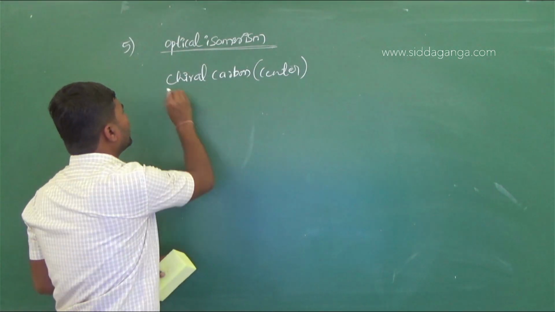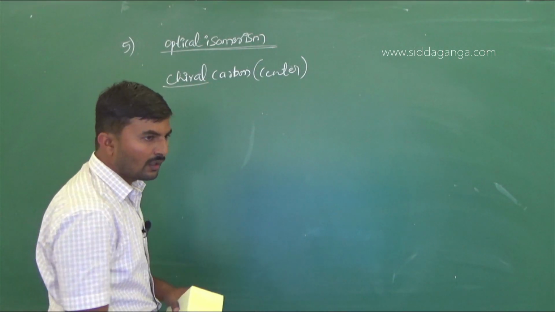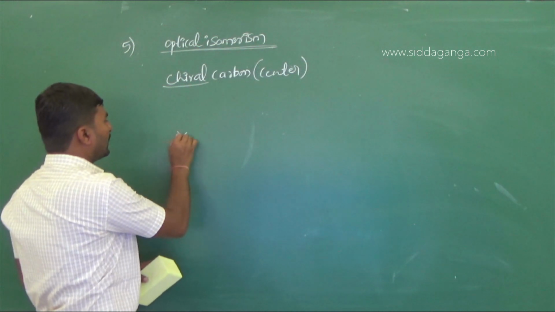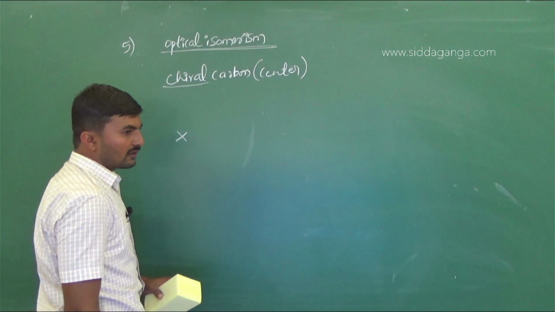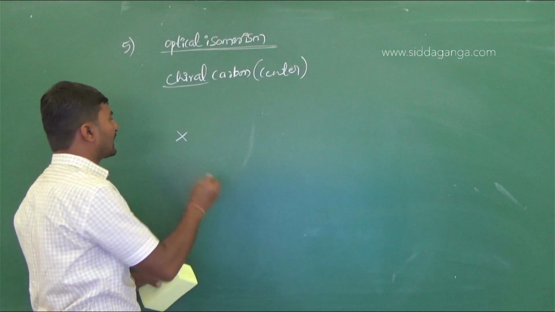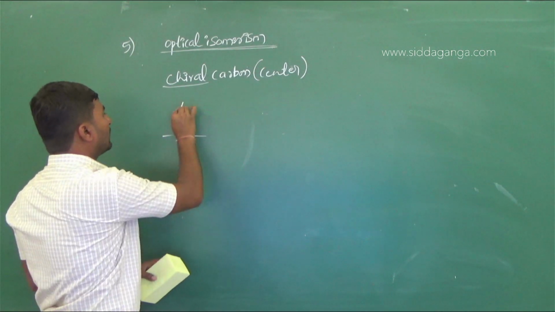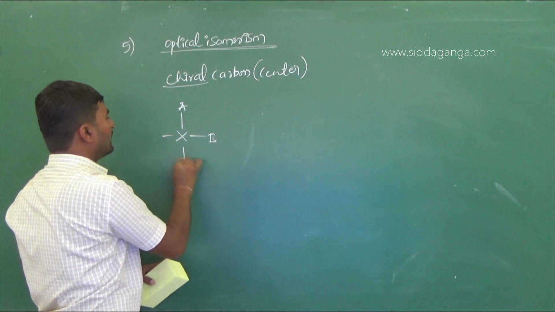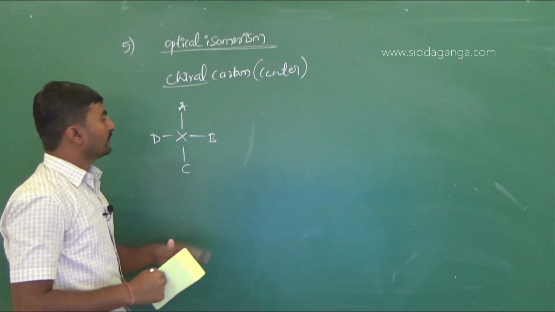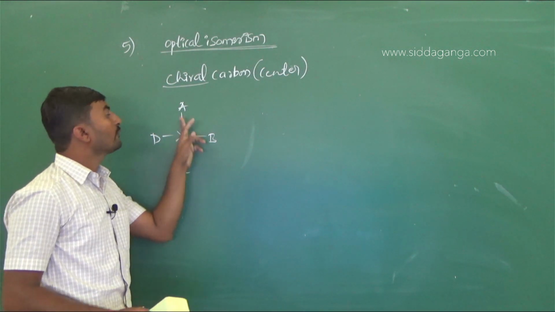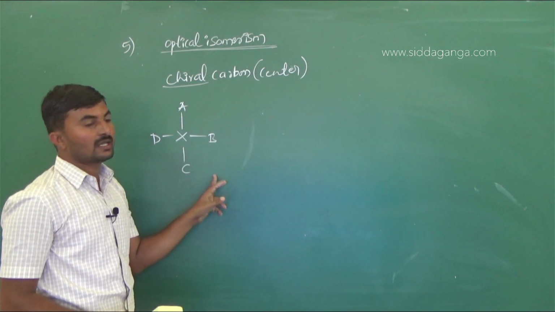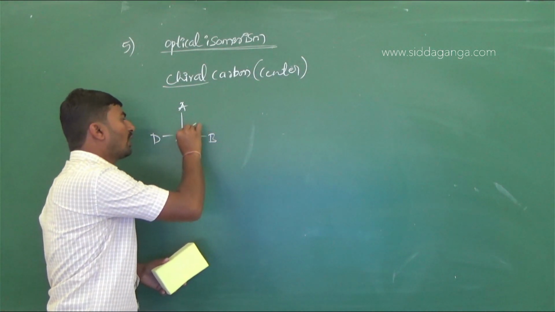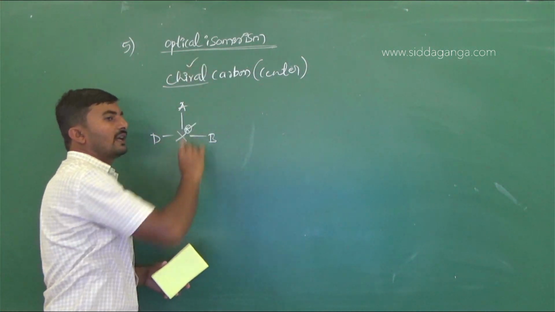So what is meant by this word chiral? Chiral means, say for example, this is one central atom which is surrounded by 4 different atoms A, B, C, D. If the single atom is surrounded by 4 different substituent groups, then such a species or such a carbon atom is nothing but a chiral carbon atom.